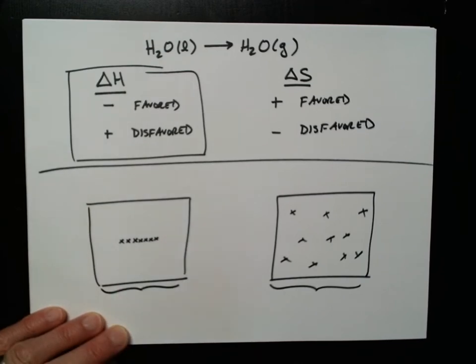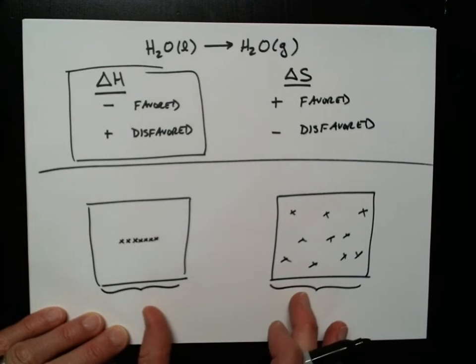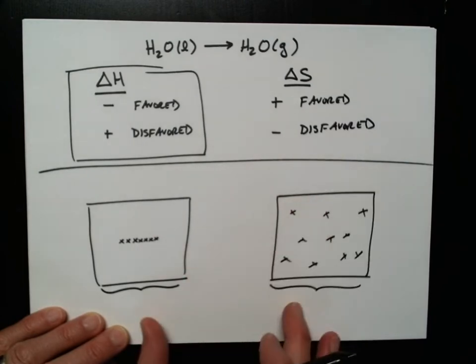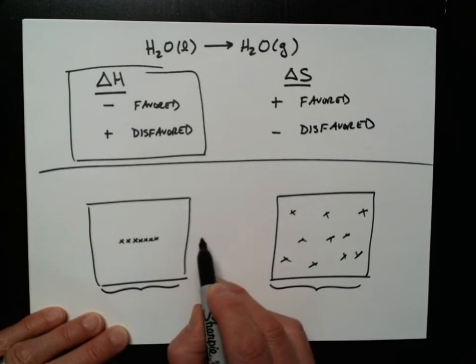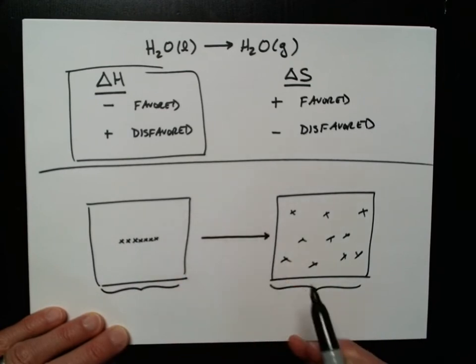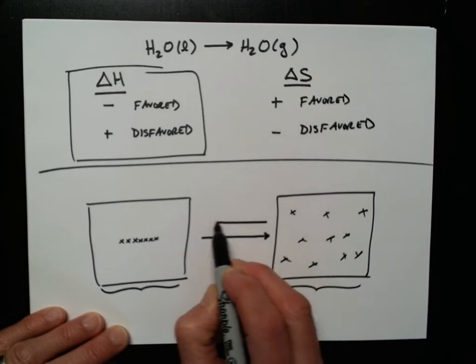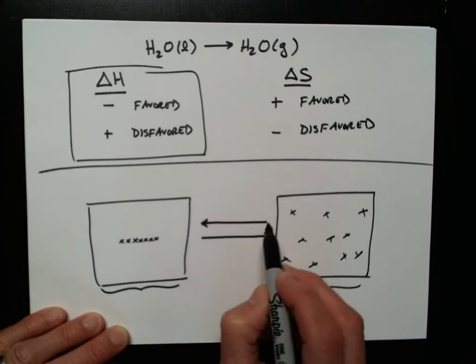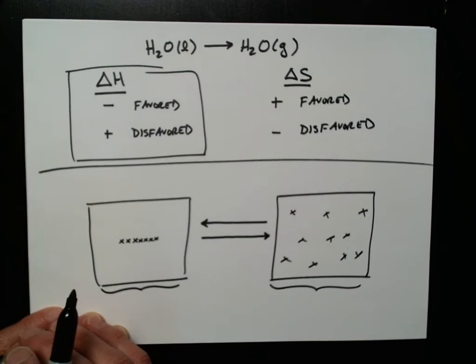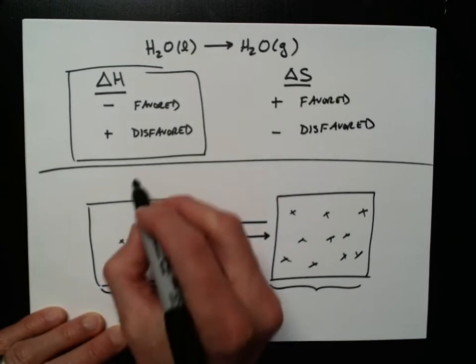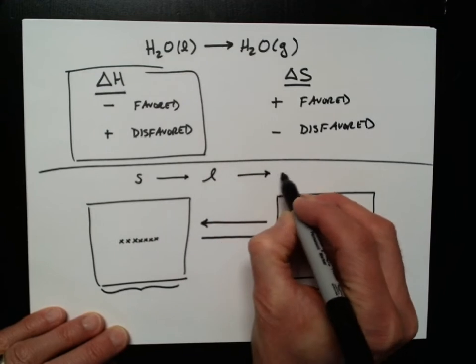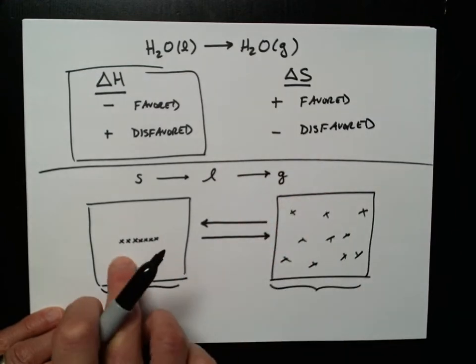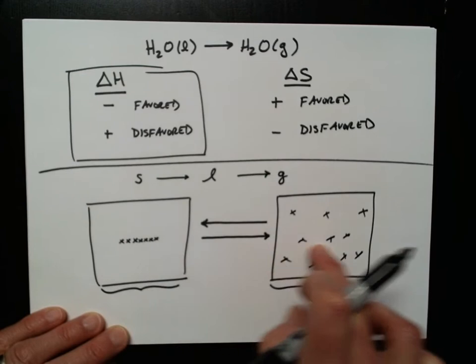So this is sort of the way we want to think about entropy and changes in entropy in terms of matter. What actually is happening with the matter? Is the matter tending to go to a more probable state, or is the matter going to a less probable state? And this helps us understand that as we go from a solid to a liquid to a gas, that's similar to going in this direction.